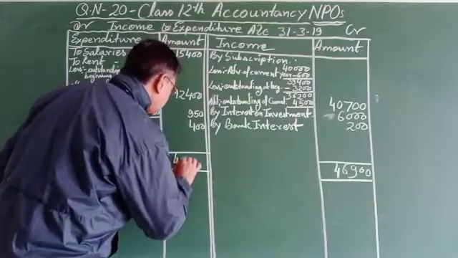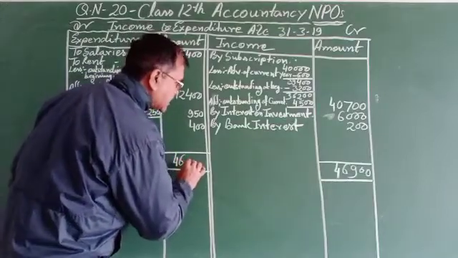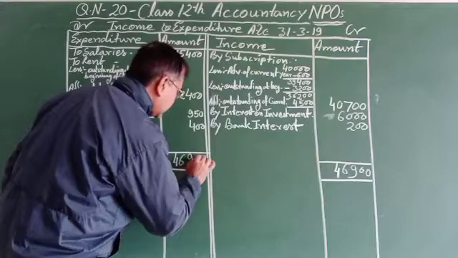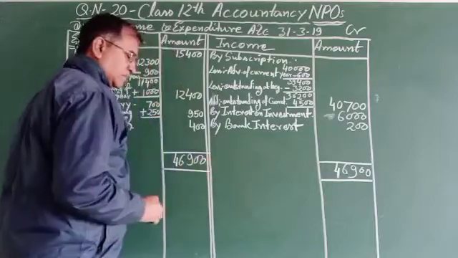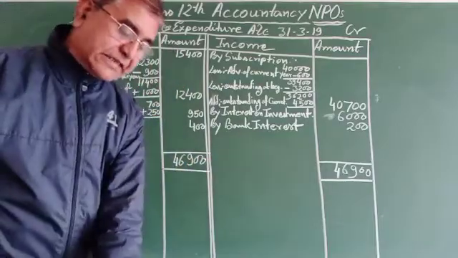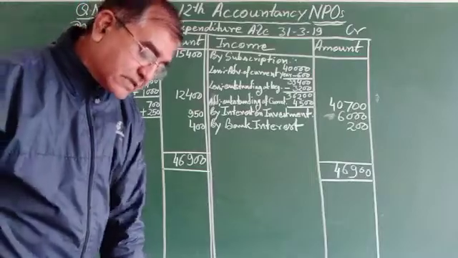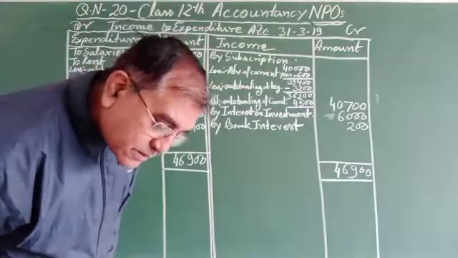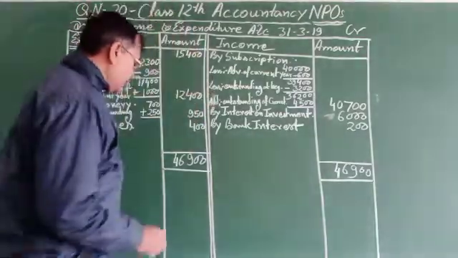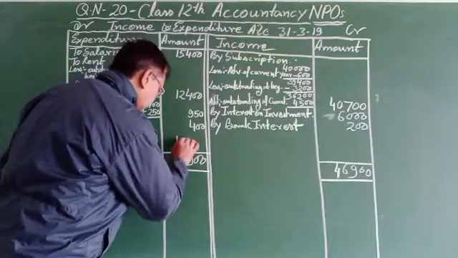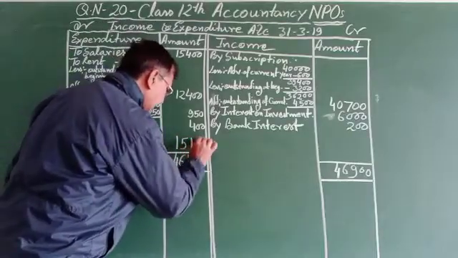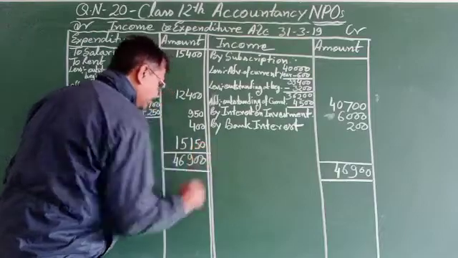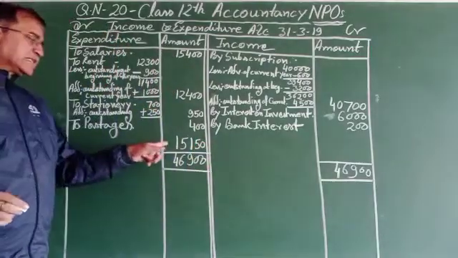We can write the 46,900, and this will be the difference, 15,150. That will be the surplus.